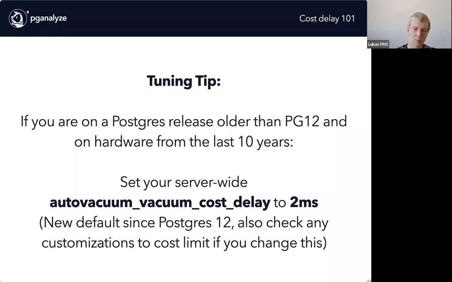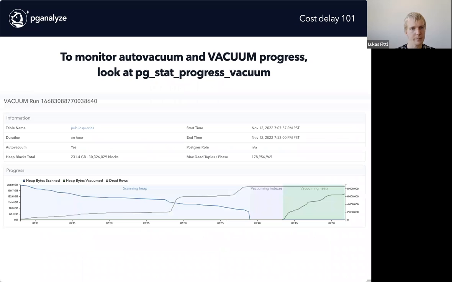The community discussion concluded that autovacuum was just too slow. The cost delay settings were too conservative, and it was not running vacuum fast enough. So definitely check this if you're on an older Postgres release or you applied an old configuration to a newer version. Just make sure you don't use the old setting of 20 milliseconds, which is very slow.